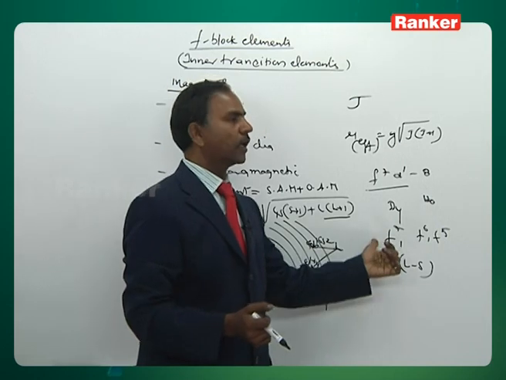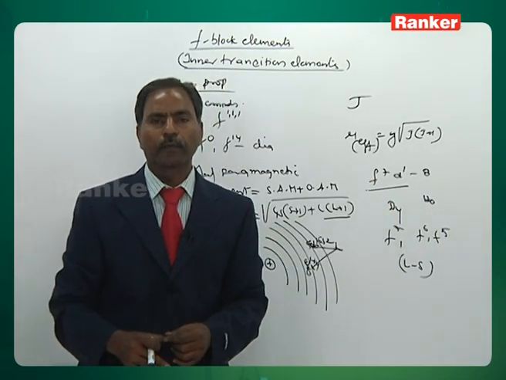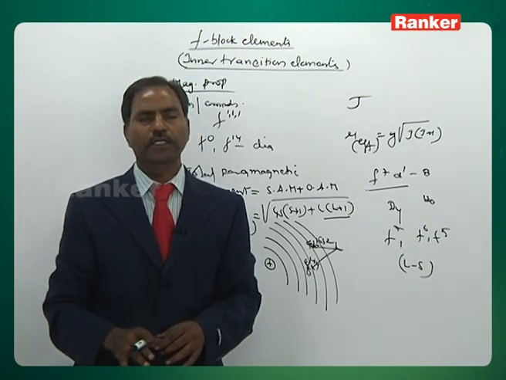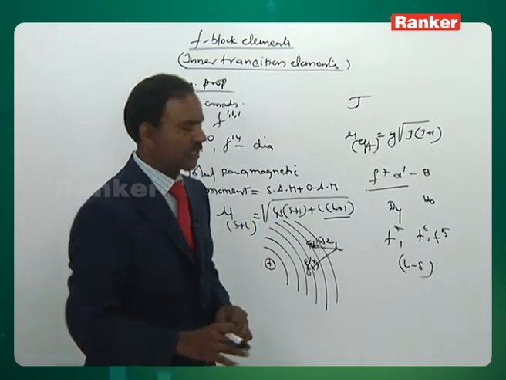But we see f7 in gadolinium. Therefore, the spin angular momentum and orbital angular momentum are working in opposite directions, and the paramagnetic moment in the case of gadolinium is less.